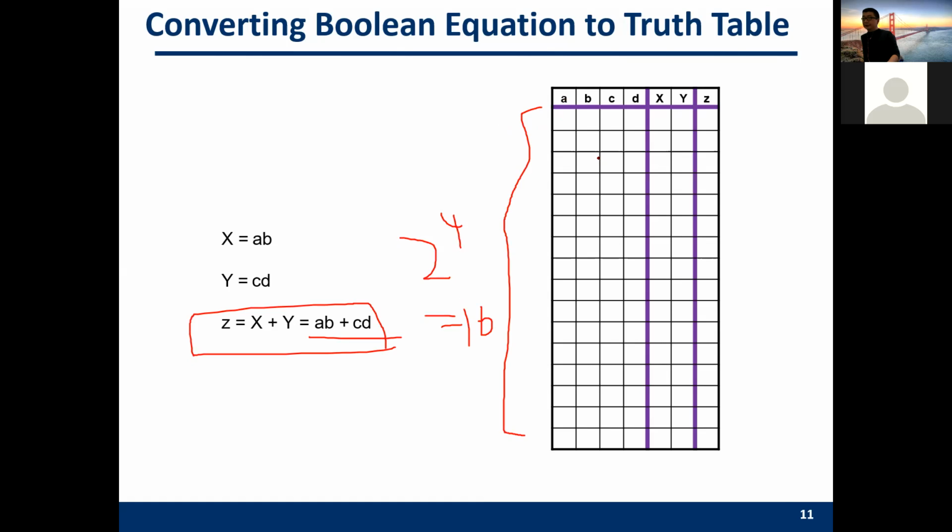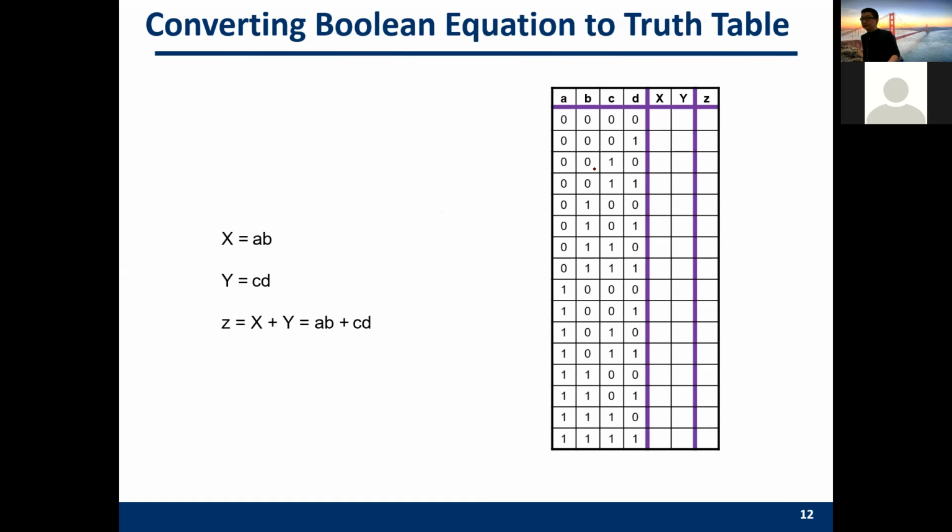And then we just list all the possible values for A, B, C. And then we can calculate the value of X and the value of Y, and eventually we can get the value of Z. So in this way, we convert the circuit to a truth table.